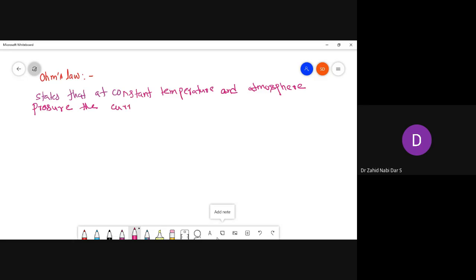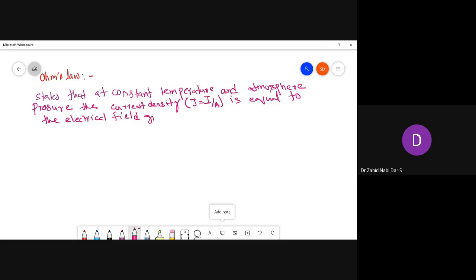current density, when I say current density, that means current divided by per unit area, that is J is equal to current divided by per unit area, is equal to the electric field gradient. Any doubts?